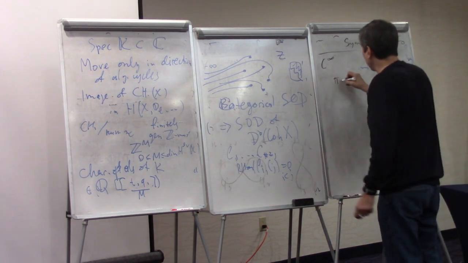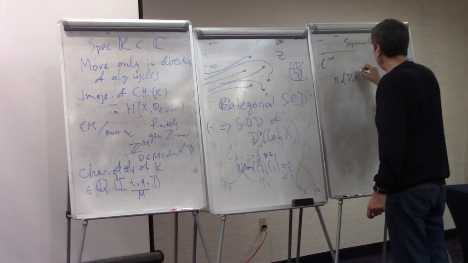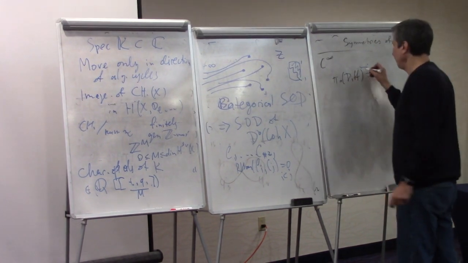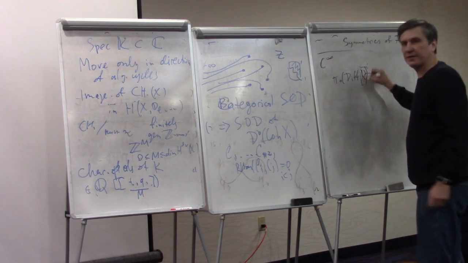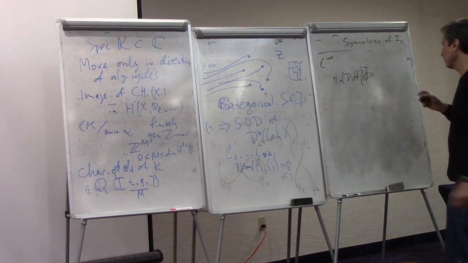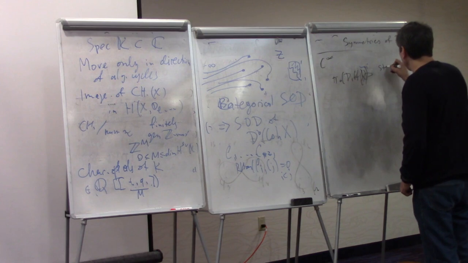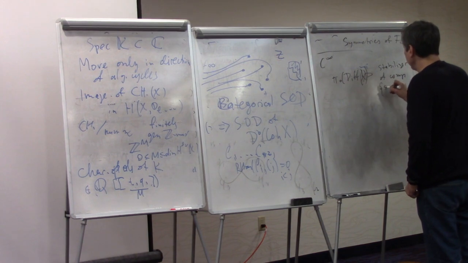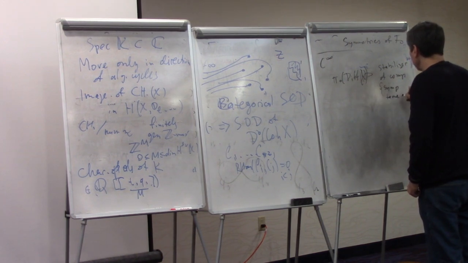One has this group of diffeomorphisms of X. Consider the group of connected components. It's some huge countable group, and it contains the stabilizer of a component of the space of symplectic structures or tame almost complex structures.